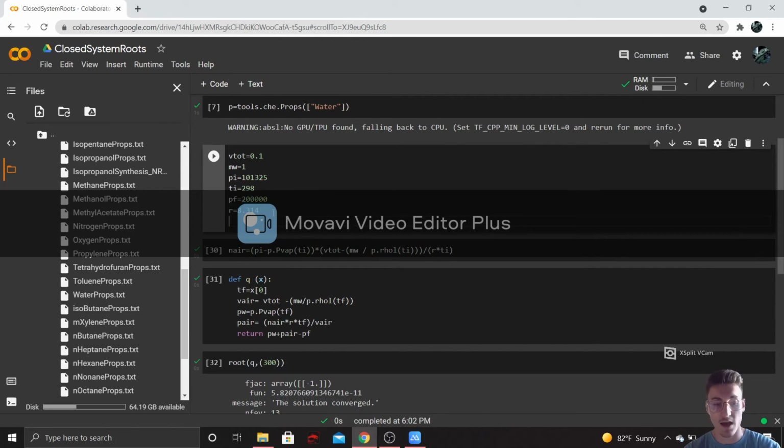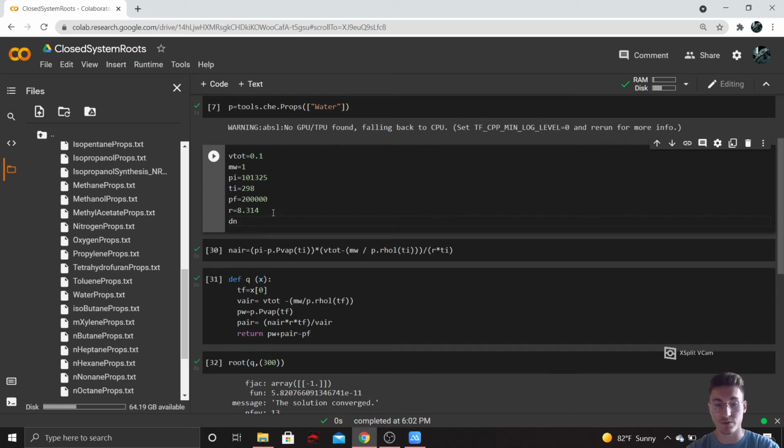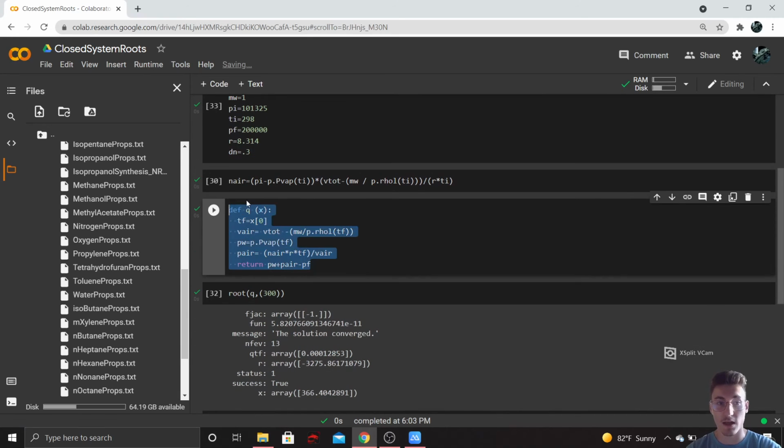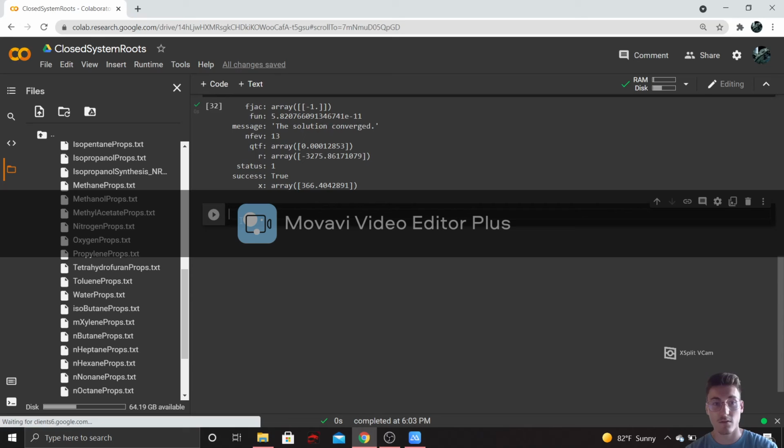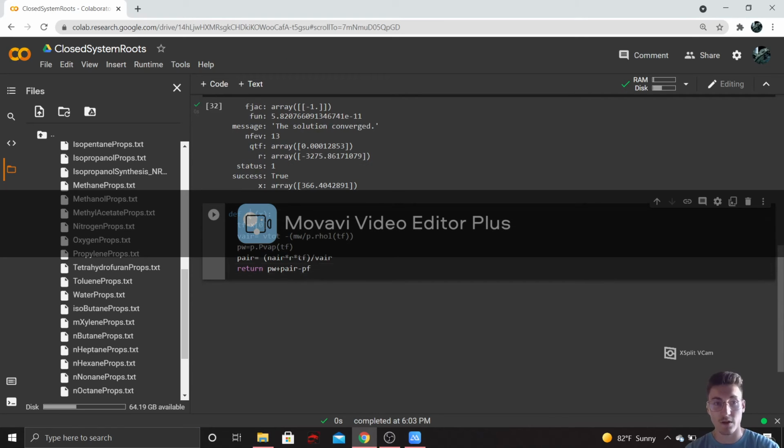if we say we have a desired number of moles, so dN equals 0.3, and then we save that, we can go ahead and copy this, paste it down here, give it another equation, QQ.